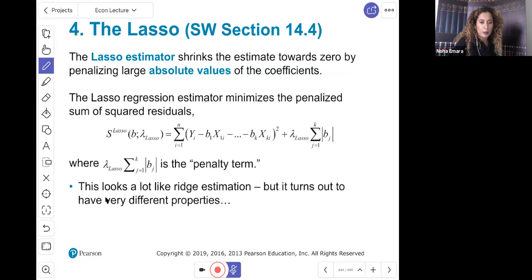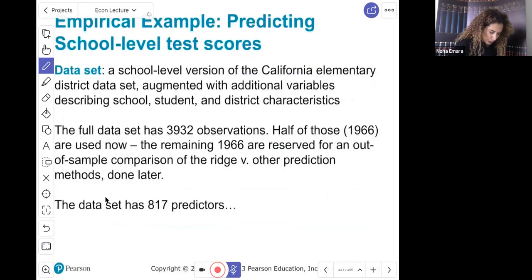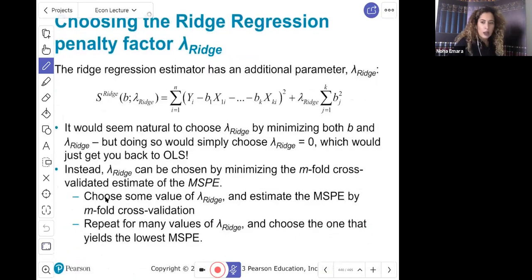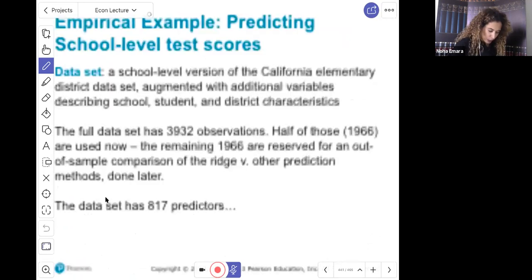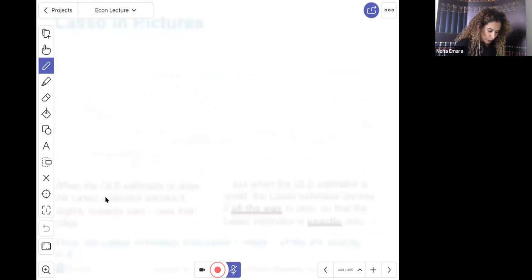But this time, as you can see, the penalty parameter is multiplied times the sum of the absolute values of the betas. This is different from the other one, where lambda was multiplied times the sum of the squares of the betas. So this is the main difference between the two.